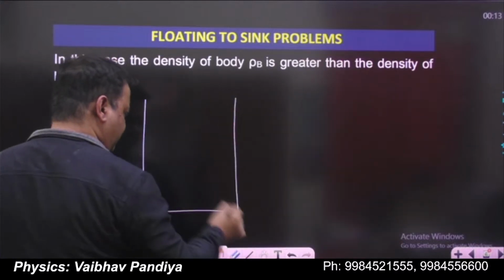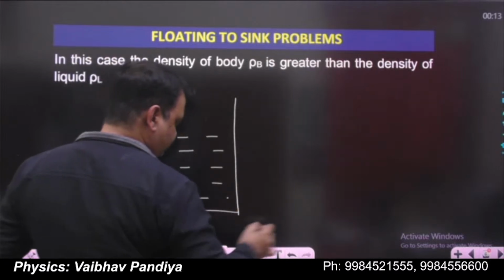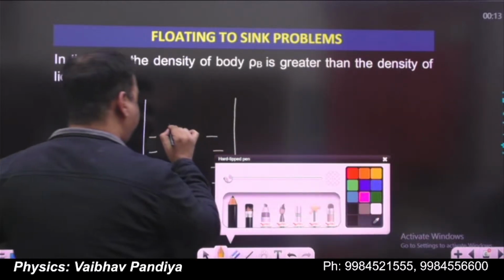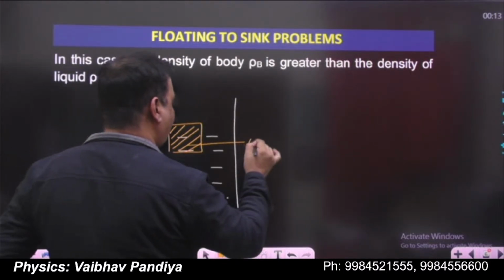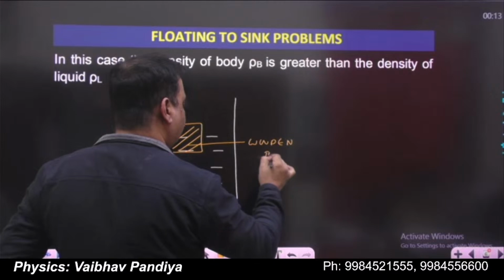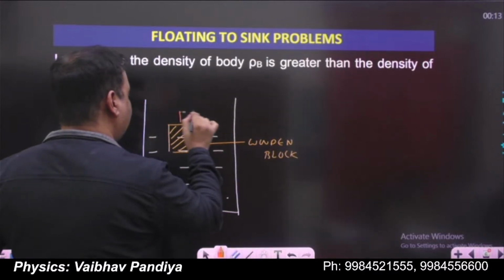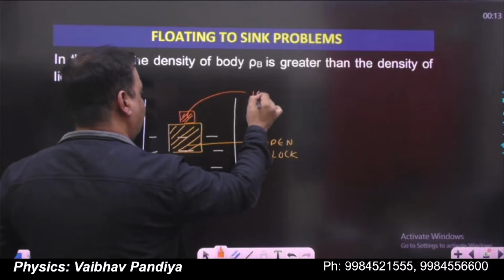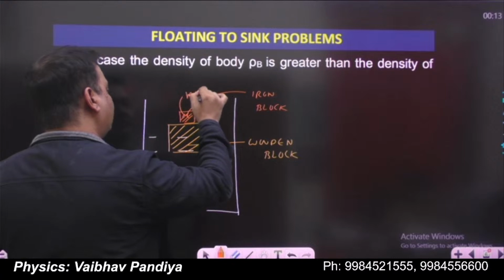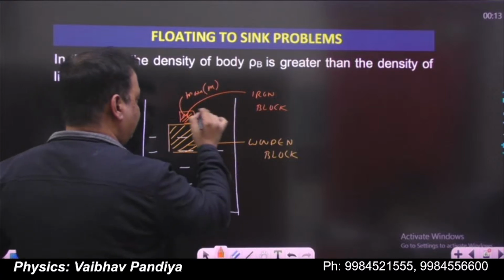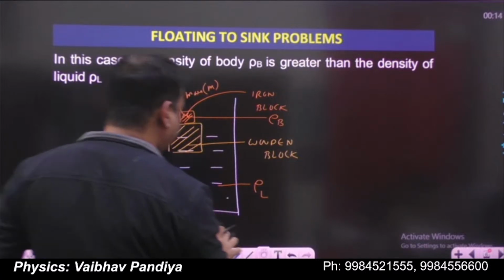Again, I'm considering a similar type of situation, but now the density of the object. Say we have a wooden block, and now we have, say, an iron block of mass small m and density rho b, and the density of the liquid is rho L, correct?